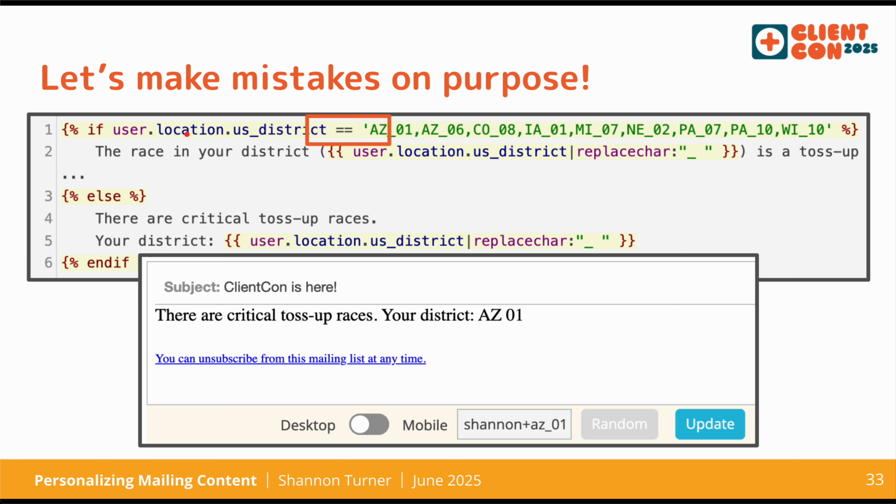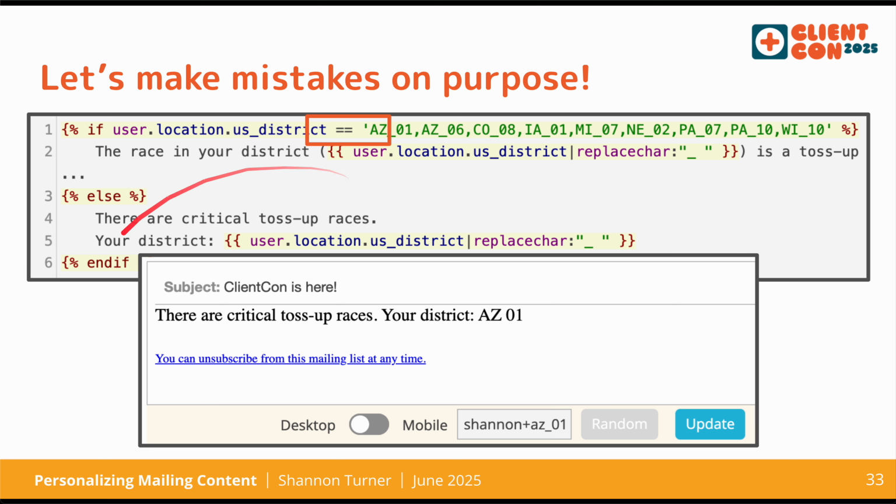So I'm still checking, is this user's location, US district, equal to Arizona 01, Arizona 06, Colorado 8? That's not going to be true for anybody, right? Because that's not how we store the data. You only have one district.